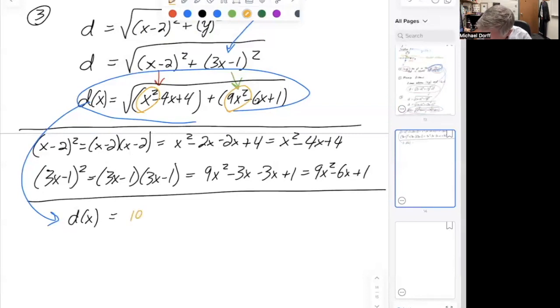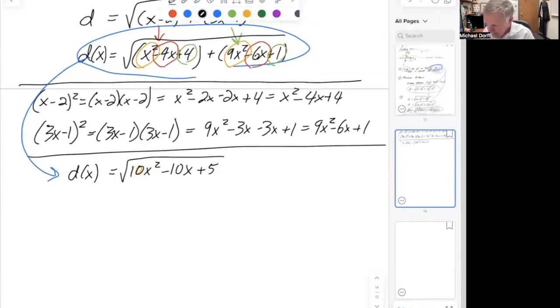Oops, let me do that in black. That's 10x squared. And then I've got this negative 4x and this negative 6x. So that's going to be negative 10x. And I've got plus 4 and plus 1. That's going to be plus 5. And it's all under the square root. Okay, so there's my function.